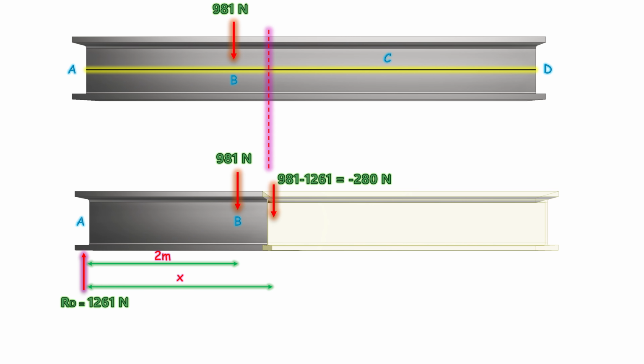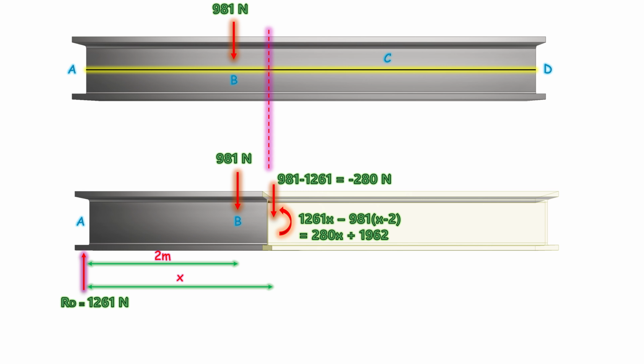And the bending moment is equal to 1261 multiplied by x minus 981 multiplied by (x minus 2), which comes to minus 280 multiplied by x plus 1962.